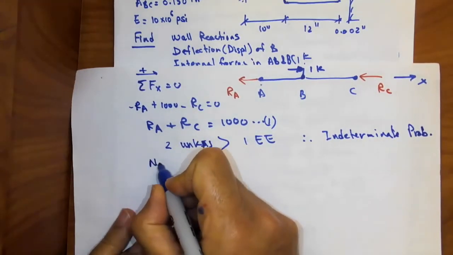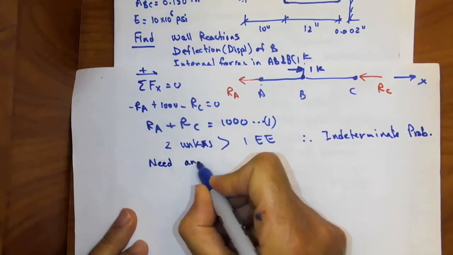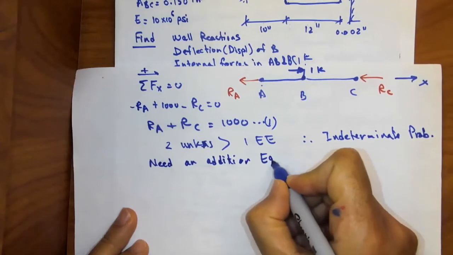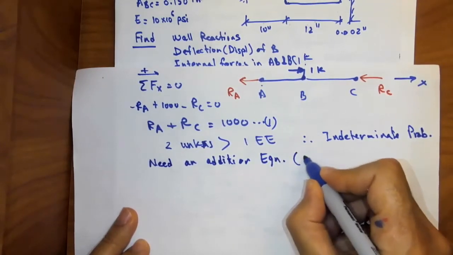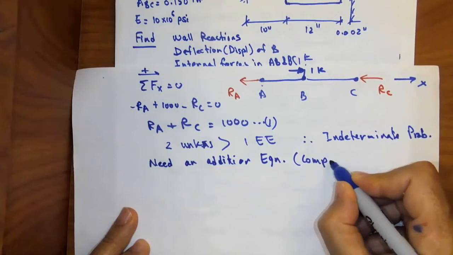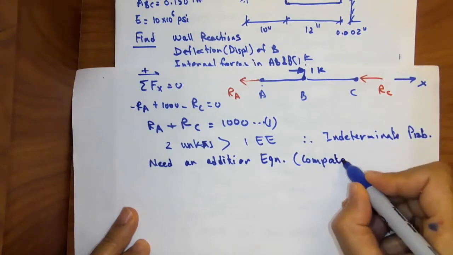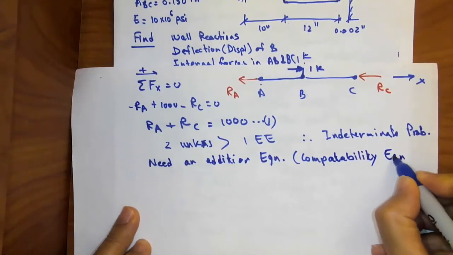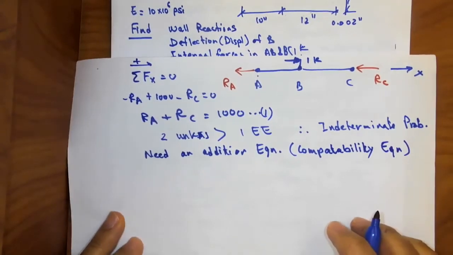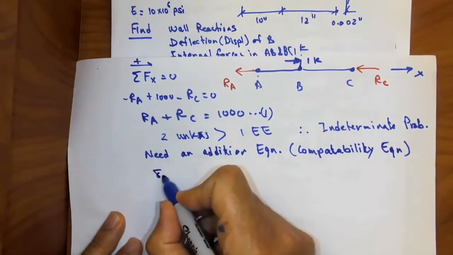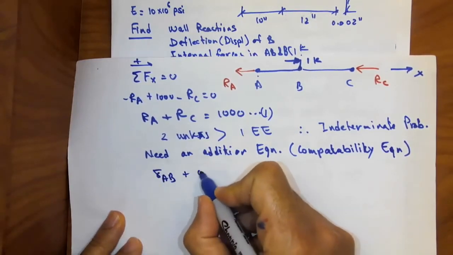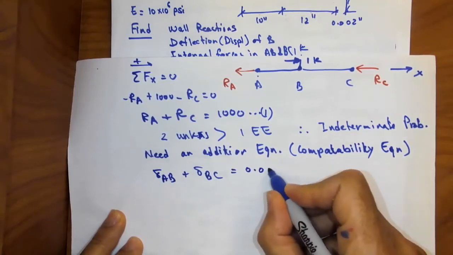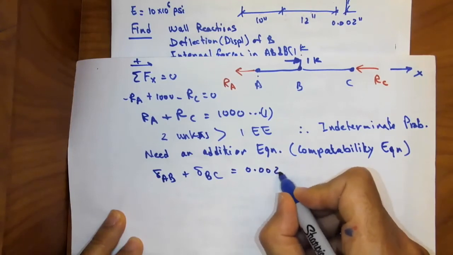So we need an additional equation that we call the compatibility equation. And we said that delta AB plus delta BC, both of them combined, must be equal to this 0.002.